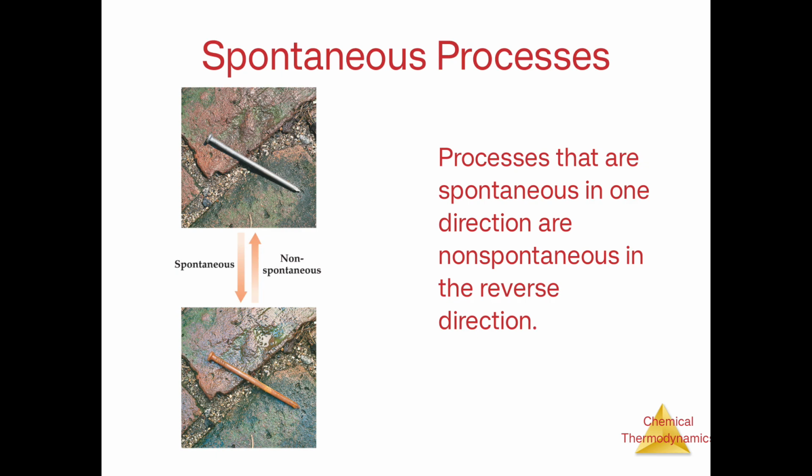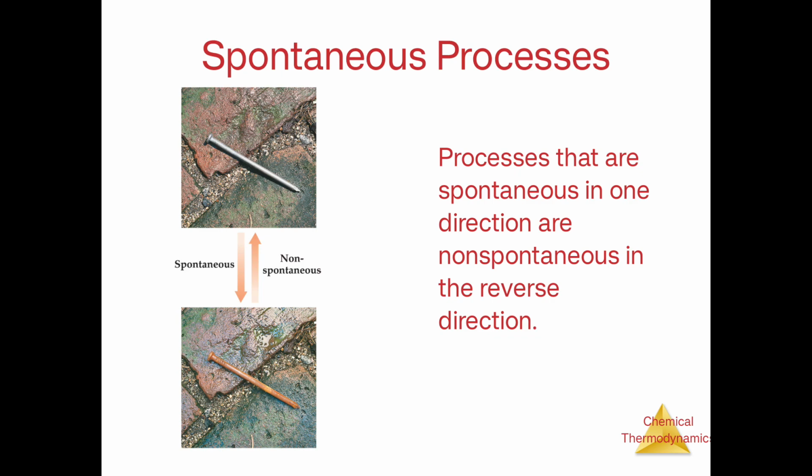But in the reverse direction, we cannot say it is spontaneous, it becomes non-spontaneous, because whenever corrosion happens by natural means we can say the process on the surface of the needle is spontaneous. But a corroded metal or the needle shown here, if you want to clean it, it is not spontaneous.